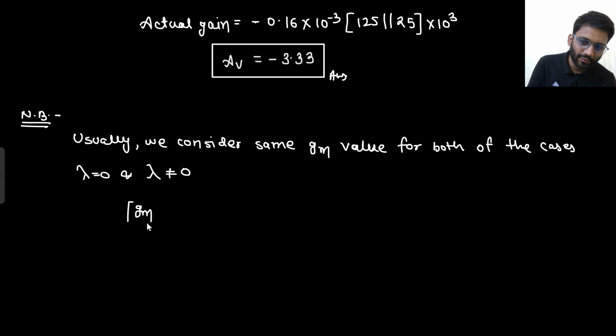So what is the GM value for lambda equals 0? That is mu n COX W by L, VGS minus VT, whole square.